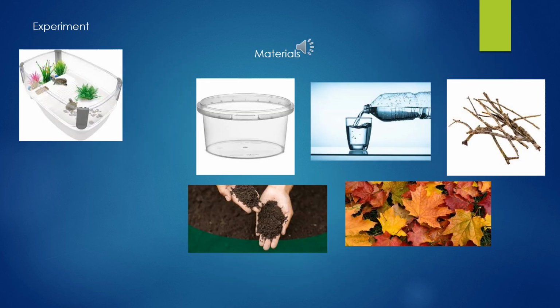Now that we understand what aquatic habitats are and why water quality is so important, let's get to the exciting part of our lesson. We are going to conduct an experiment to see how changes in water quality can affect an aquatic habitat. I want you to think about how we can change the water and what might happen to the fish in our habitat.